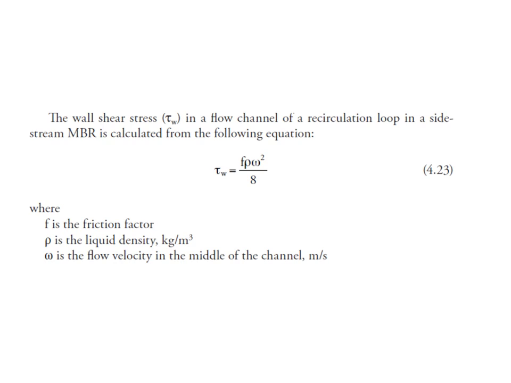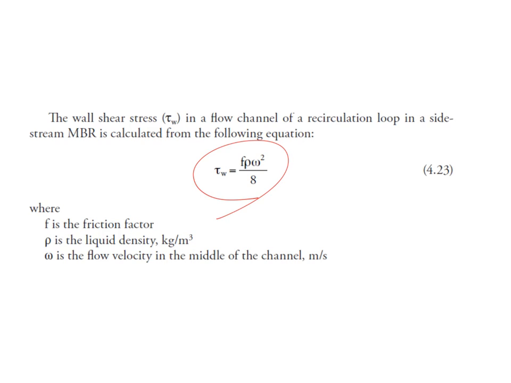And if you look at the shear stress in the bulk phase, it is not good, but if we have very high shear stress near the membrane surface, it will actually prevent the deposition of foulant on the membrane surface. So sometimes we have to distinguish the shear stress in the bulk phase and near the membrane surface. And so this is the wall shear stress, which means the shear stress near the membrane surface.